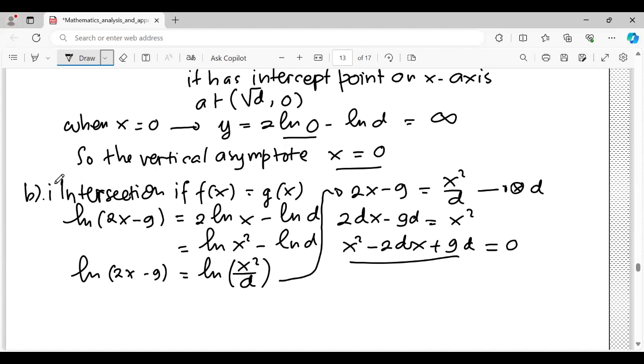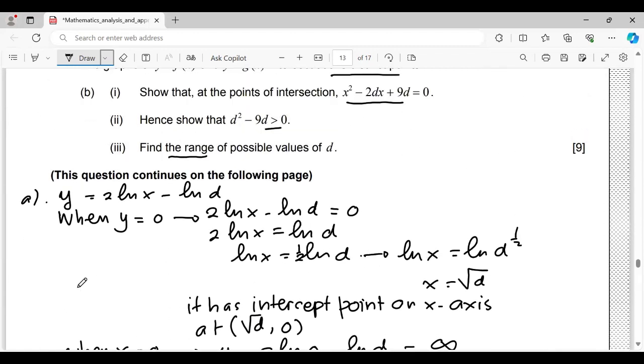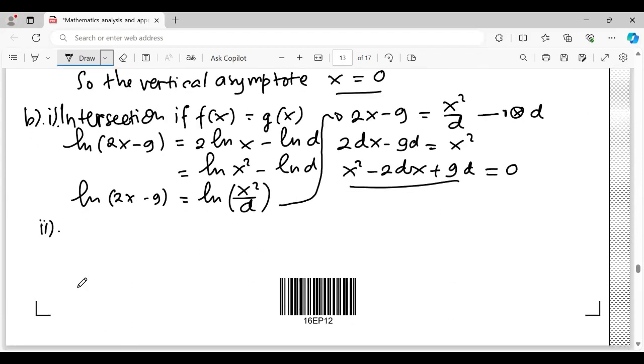This is part 1. Okay, part 2: show that d squared minus 9d is greater than 0 if the discriminant is greater than 0, as you know that the discriminant equals b squared minus 4ac.